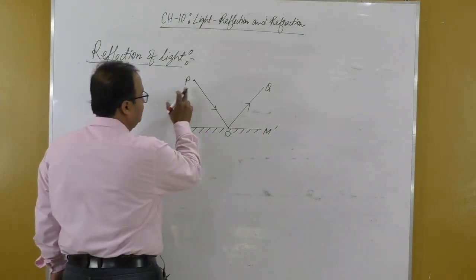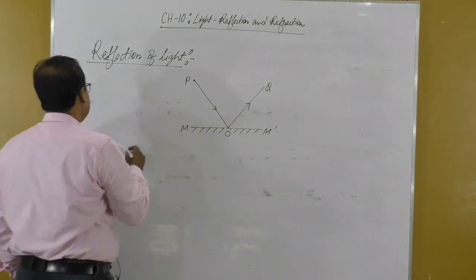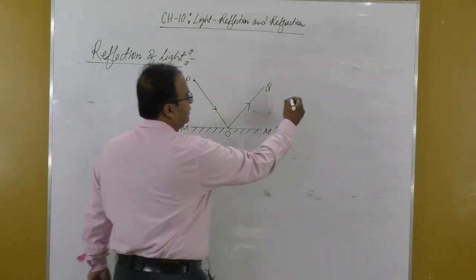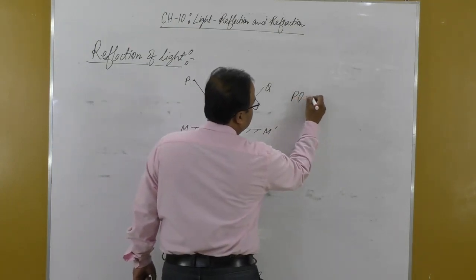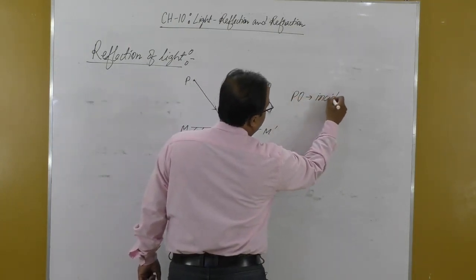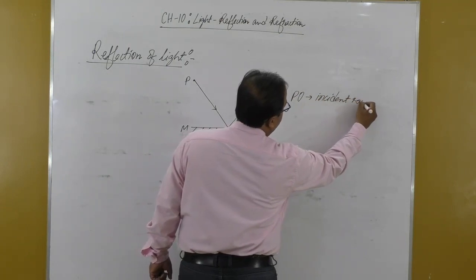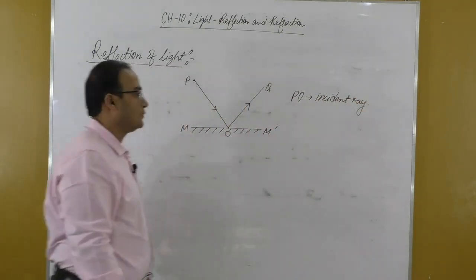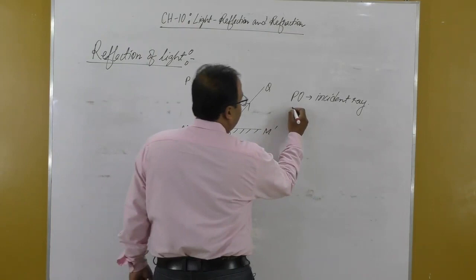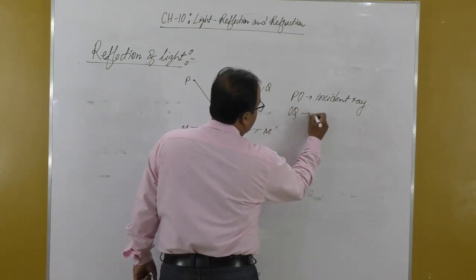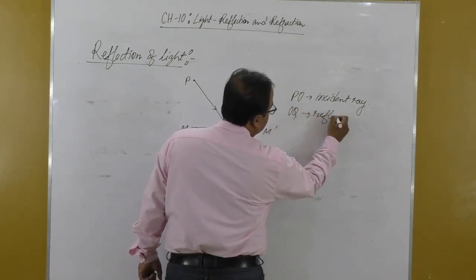So here PO is called incident ray. OQ is called reflected ray.